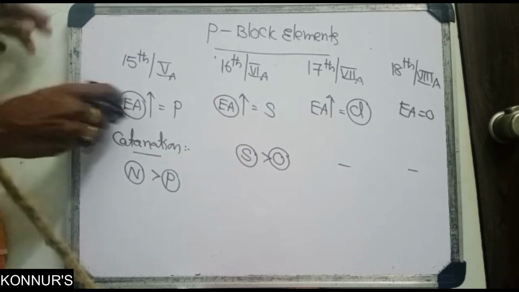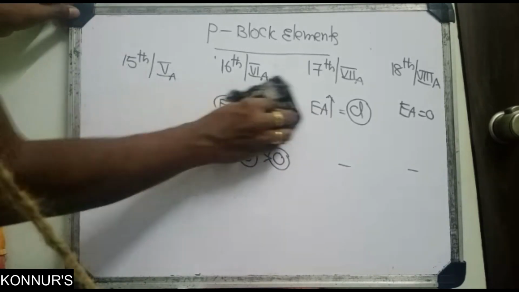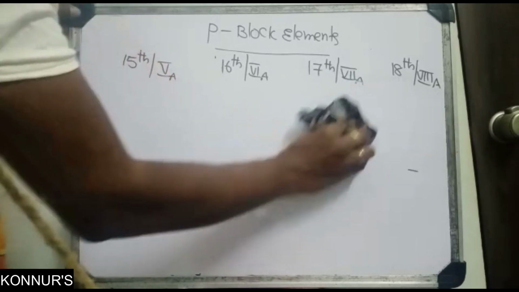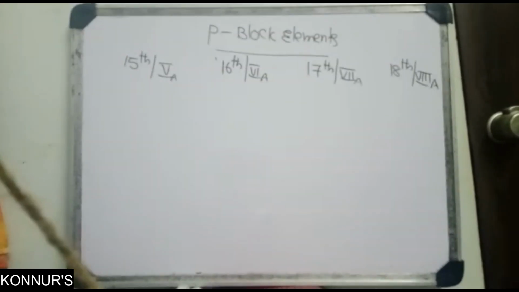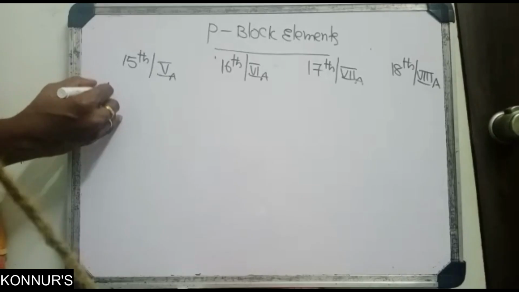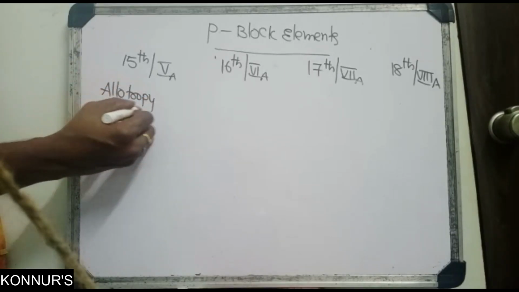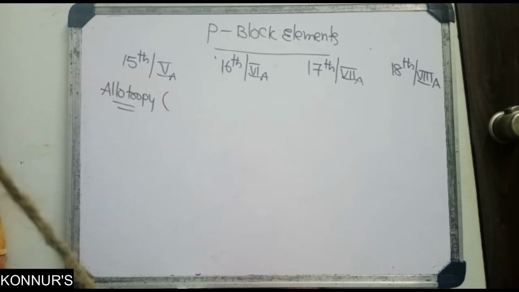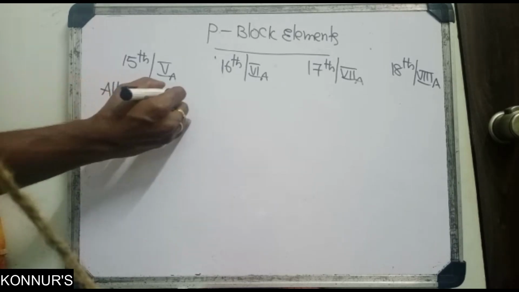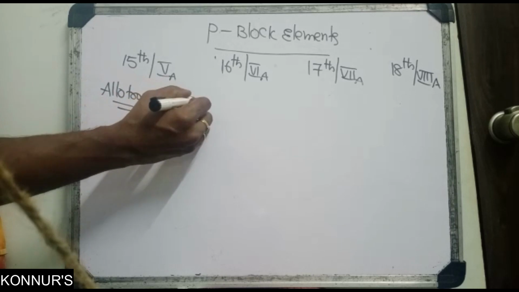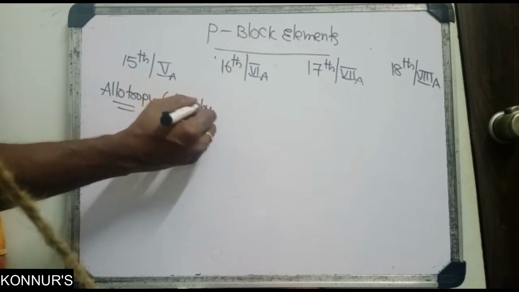Next, some special properties, if you see, means allotropy. Allotropy means different physical forms. The element is showing different physical forms.